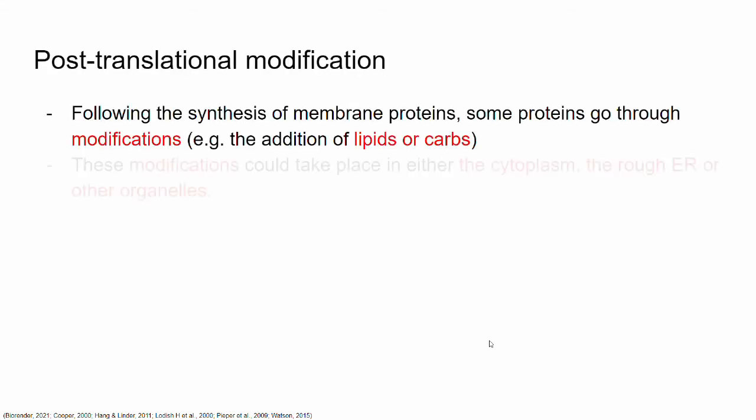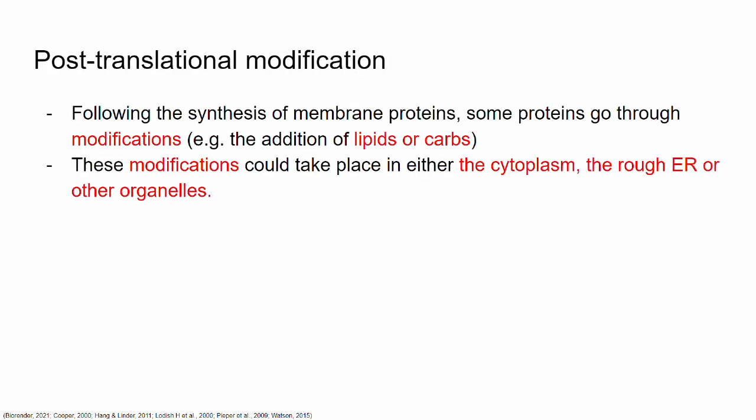Now, let's talk about post-translational modification. So after translation, sometimes proteins go through processes of modification where things are added to these proteins. The main reason for these modifications could be to target specific organelles, for example, the cell membrane.